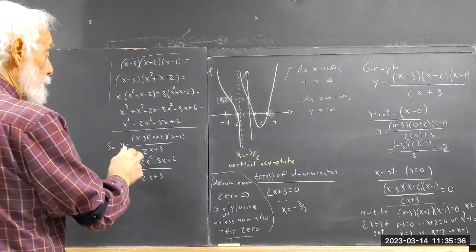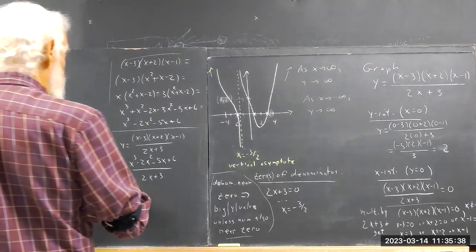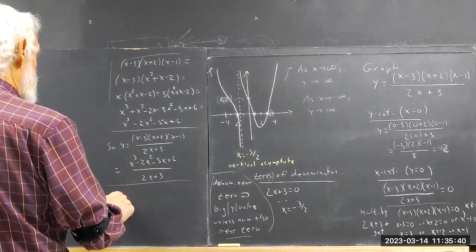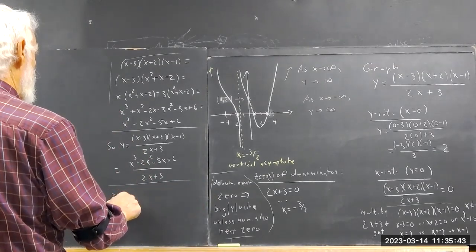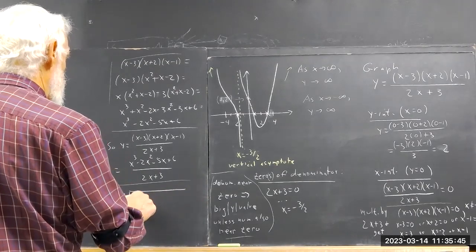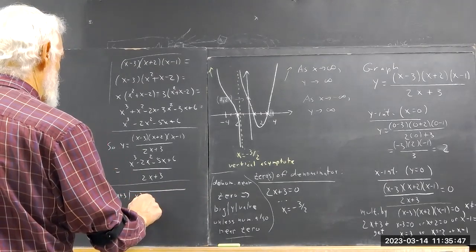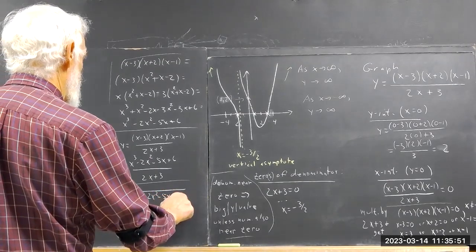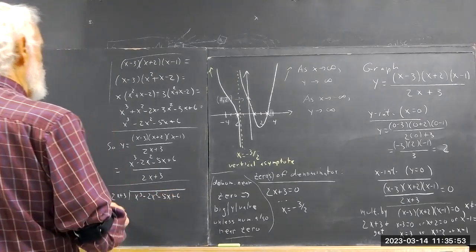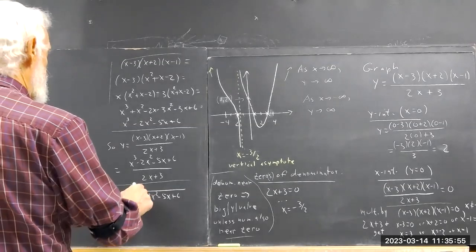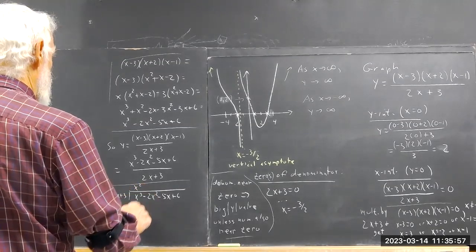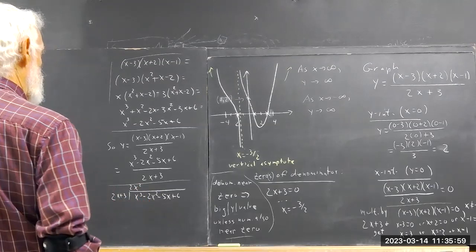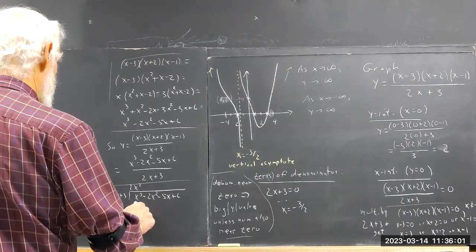What's that equal? Well, we can divide that. Okay, divide this into them. We get 2x squared.